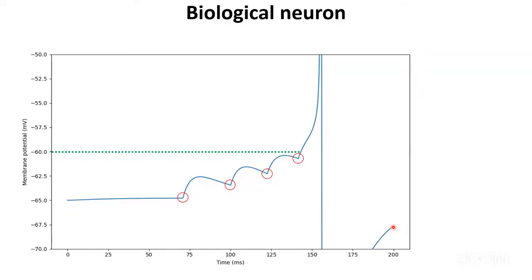How to mimic this spiking neuron is important to understand. Traditionally, this is also called an integrate and fire neuron.